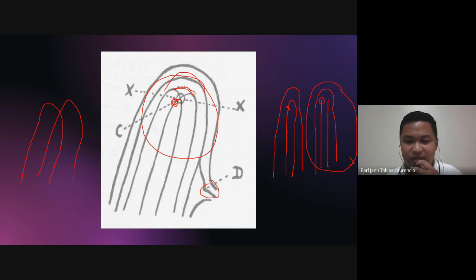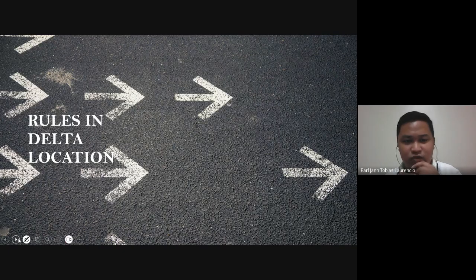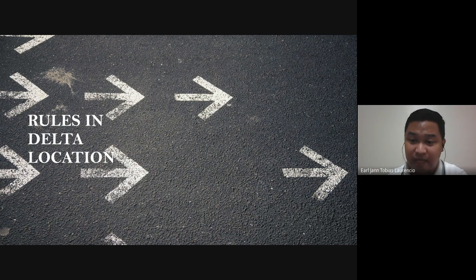Okay, let's move forward to the next slide. Now let's go to the rules in your delta location. A while ago, we had discussed the rules in your core location. But before we proceed with the rules in your delta location, be reminded that the core is the center.